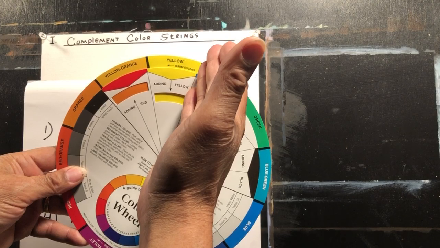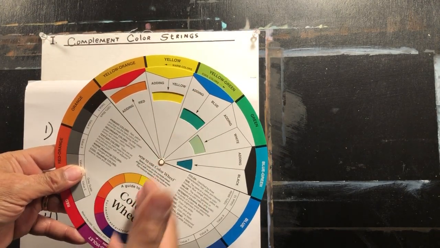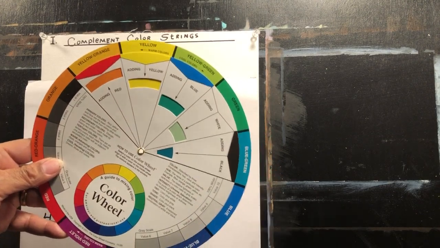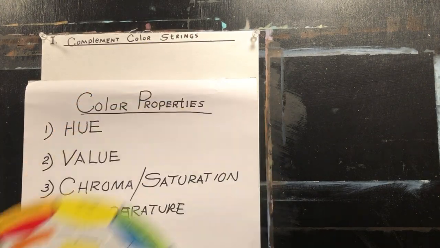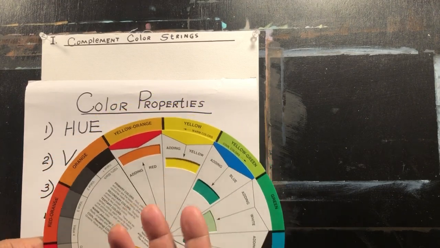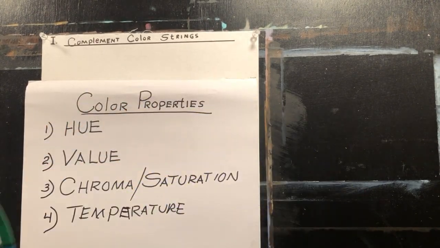If we drew a straight line and divided the color wheel in half, we would have a warm side and a cool side. Therefore, every color has a cool and warm hue of that color. And that's what we're going to deal with on these complement color strings.